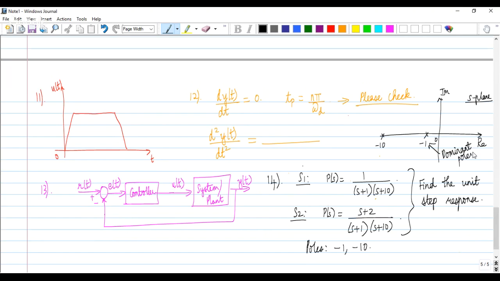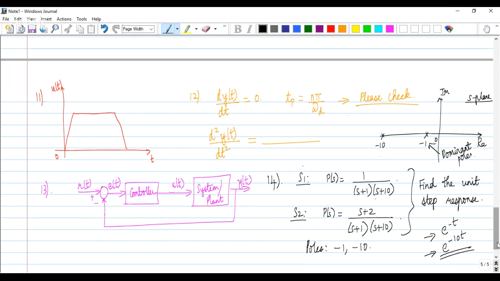So what will happen is that you are going to have terms in the output which are exponential functions of the poles, right? You will have e power -t and e power -10t. So you will immediately see that e power -10t goes to 0 very fast compared to e power -t.